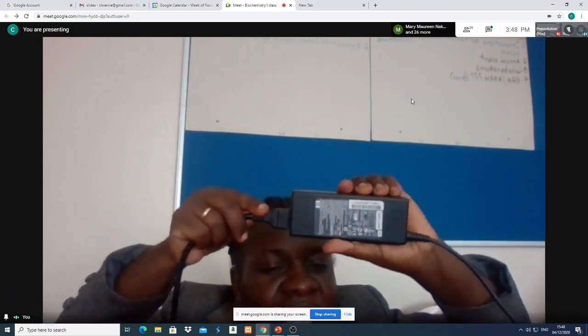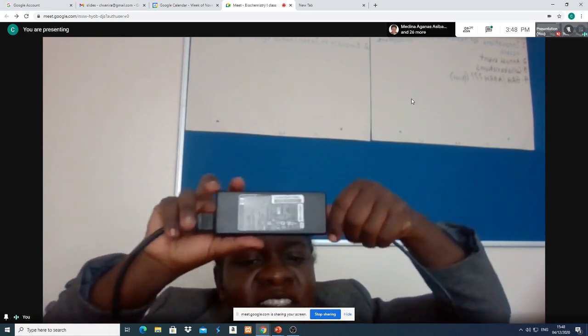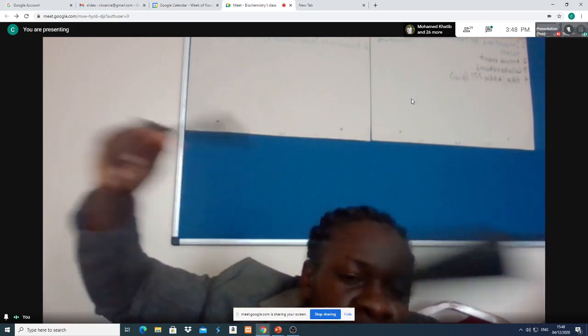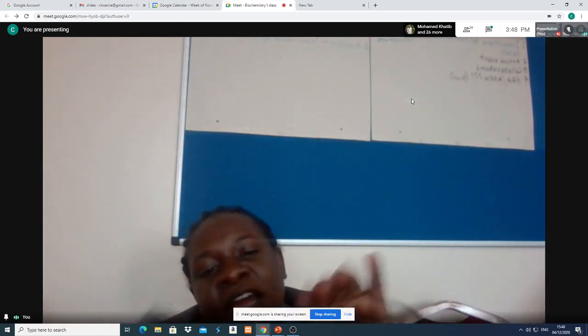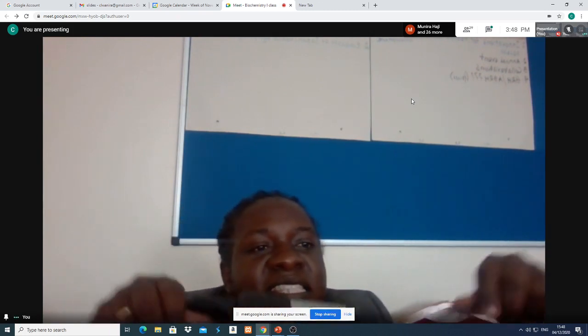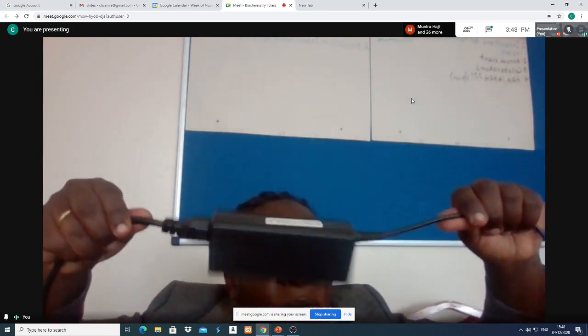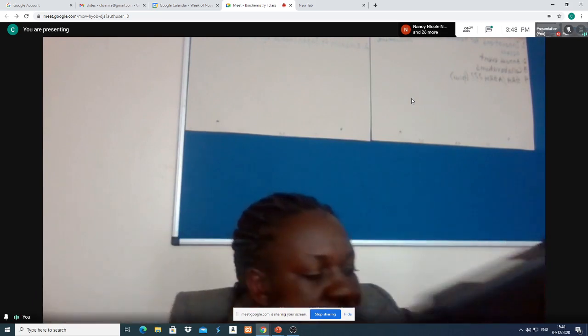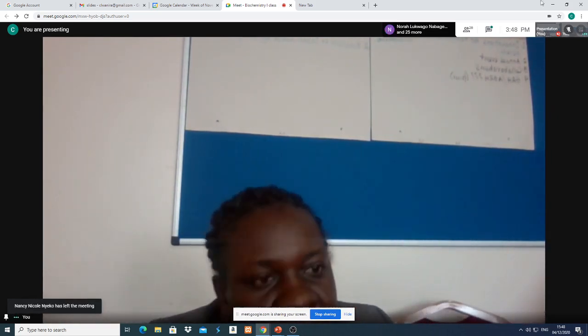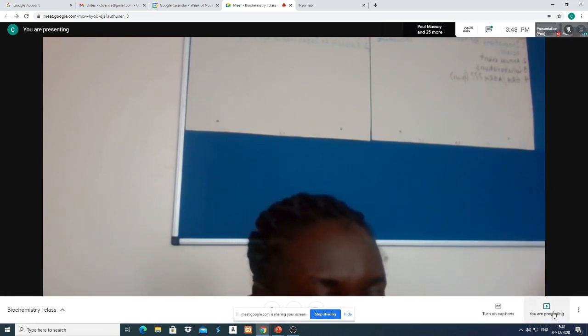At the end of the day, what you're going to observe is a pull from both sides. This one is pulling, but also this one is pulling. Unfortunately, this one is weak, so it is coming out. But each of them is going to be pulling. At the end of that day, none of them is going to fully win.